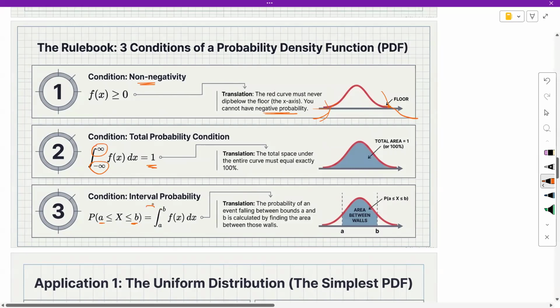Probability equals the area. This is the lower limit, this one is the upper limit, and the function of x, dx. The probability of an event falling between bounds A and B is calculated by finding the area between these 2 walls.